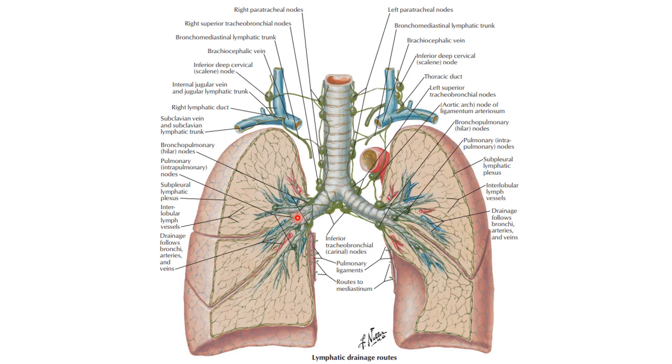Okay? And so as more and more lymph nodes are encountered, the drained fluid becomes cleaner and cleaner up until it enters the superior vena cava, where it will mix with the plasma of the blood.